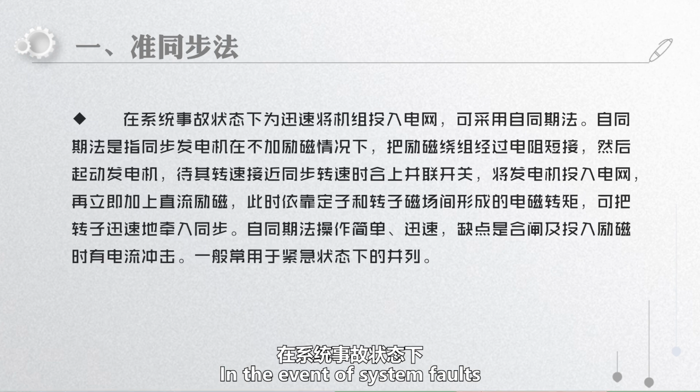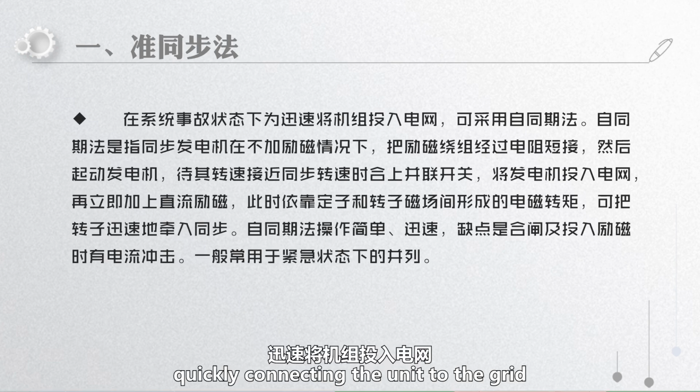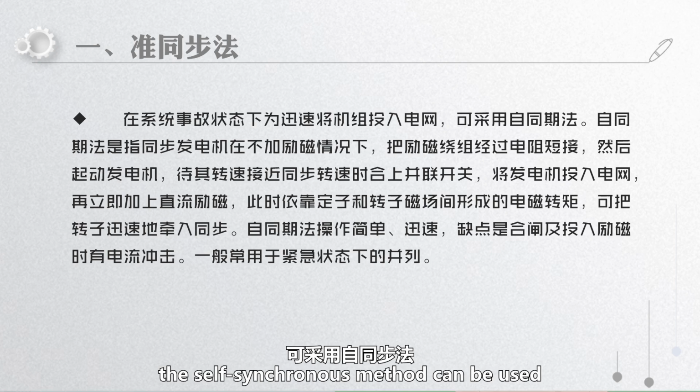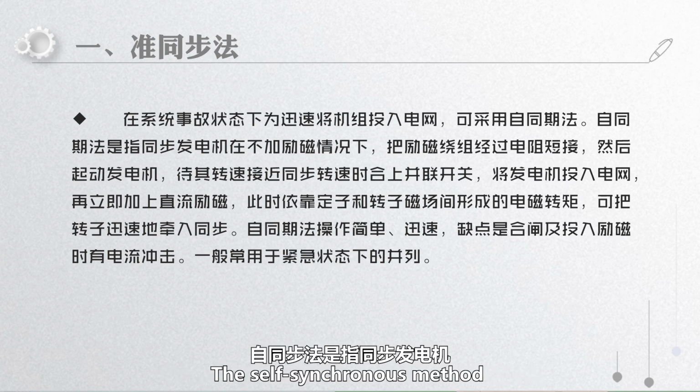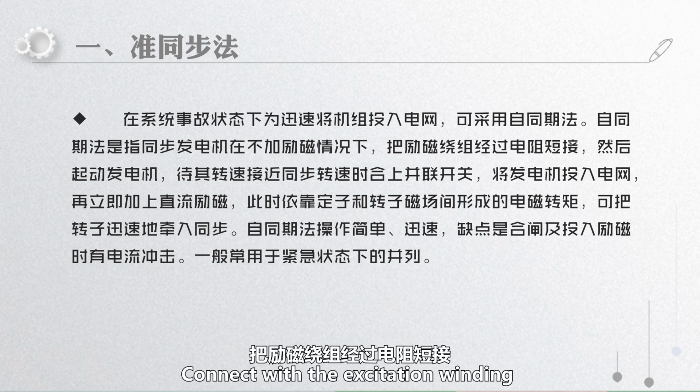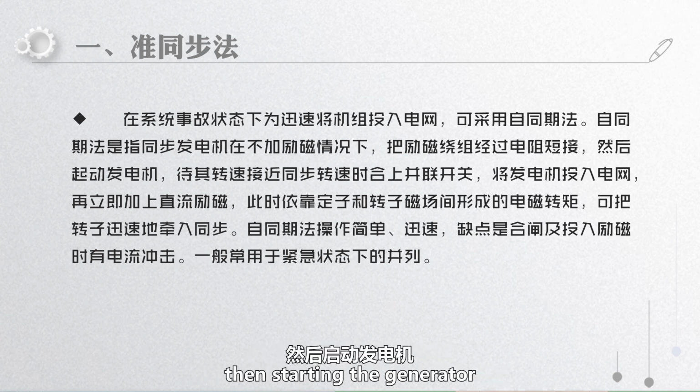In the event of system faults, to quickly connect the unit to the grid, the self-synchronous method can be used. The self-synchronous method refers to connecting a synchronous generator without excitation, with the excitation winding short-circuited through a resistor, and then starting the generator.